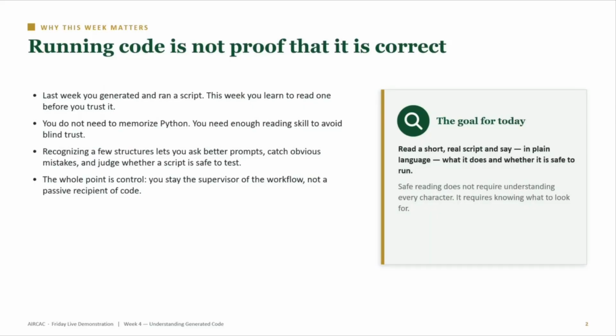Let's say running code is not a proof that it is correct. Many codes that we can find can be generated using AI. It seems that they are correct, it seems that they don't have syntax errors, but maybe they have a bug or a logical bug.